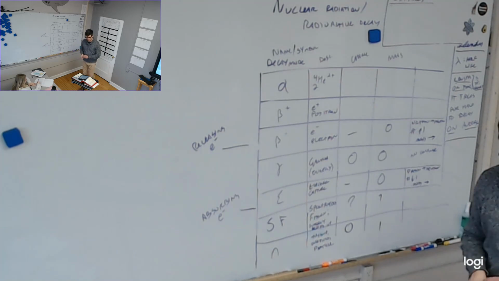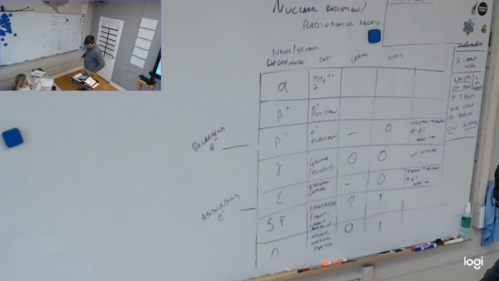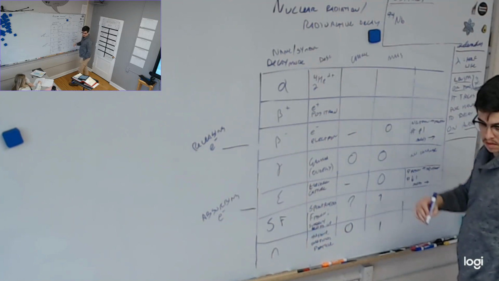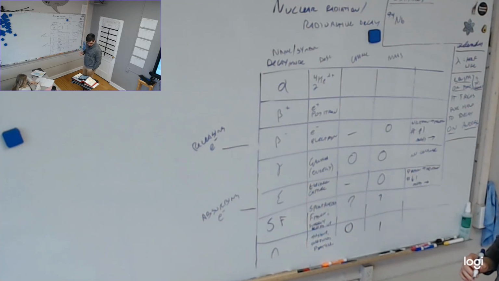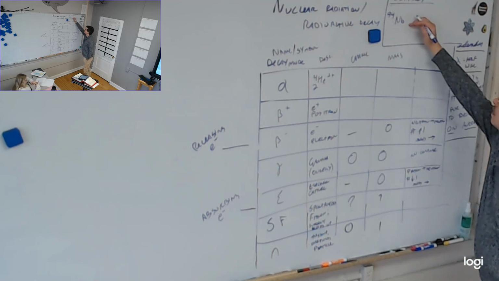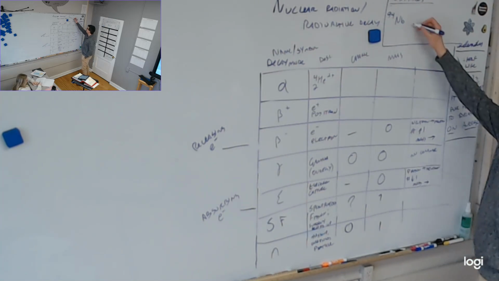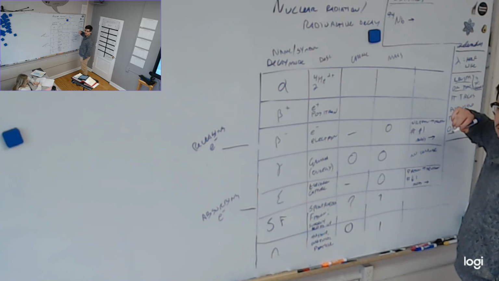Okay, so here's an example. Niobium-94 undergoes beta minus decay and gamma radiation, or gamma ray release. It doesn't matter how you phrase it. So we have niobium-94. It's going to undergo beta minus and gamma. So draw our arrow. What was the parent here?